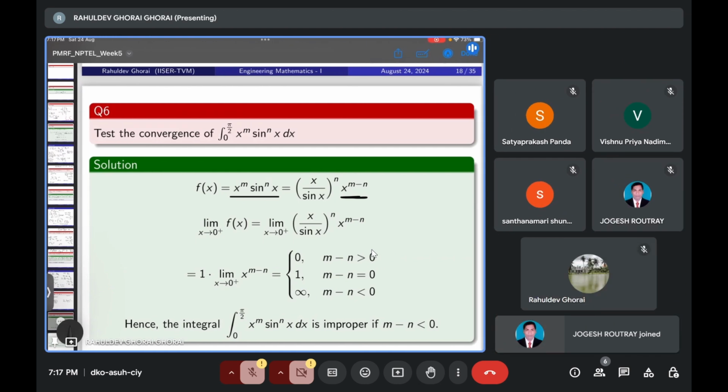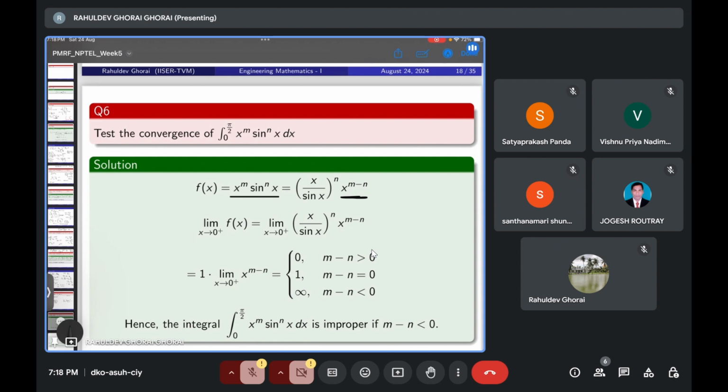Do you see the mistake here? I think I took this question from the assignment. In your assignment, it was there. One cannot write like this: x to the power m times sine to the power nx.